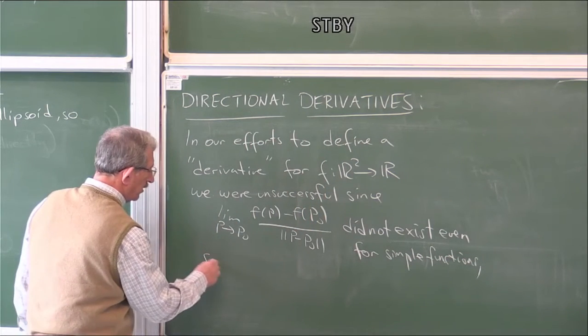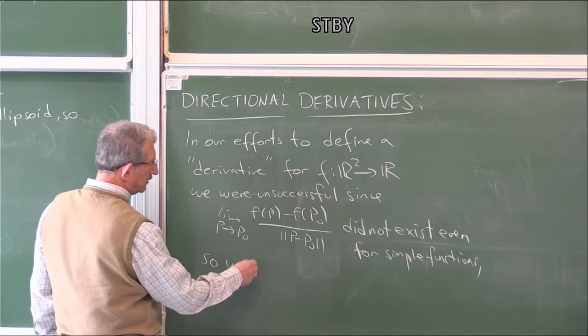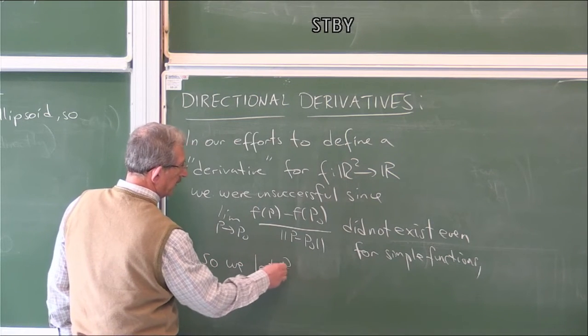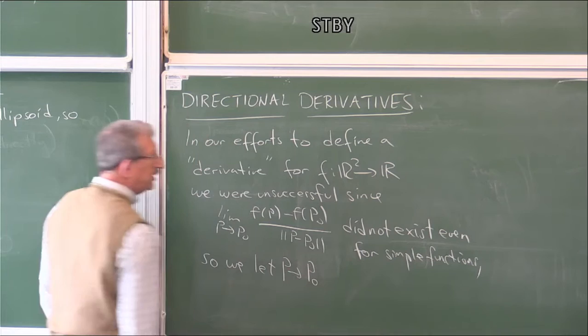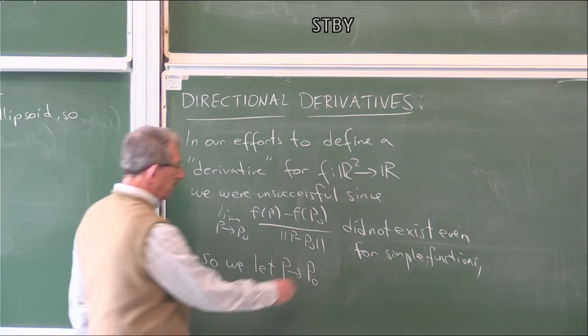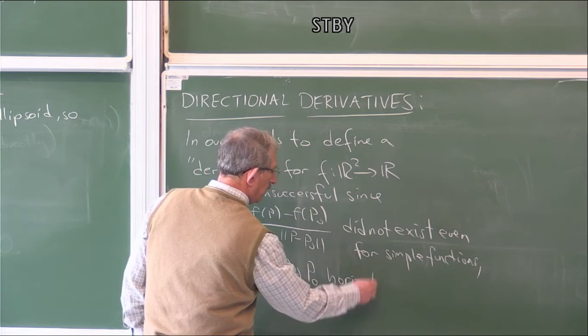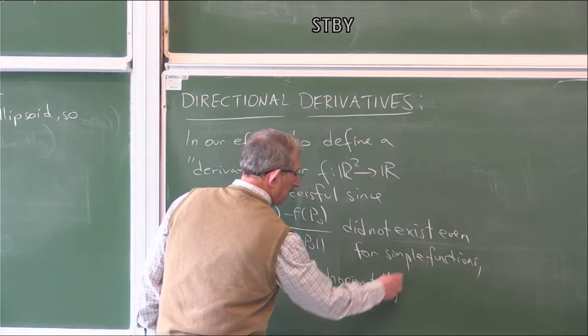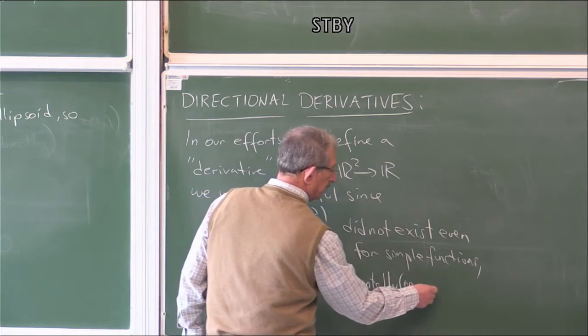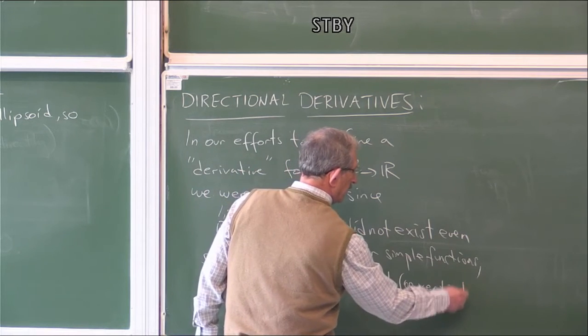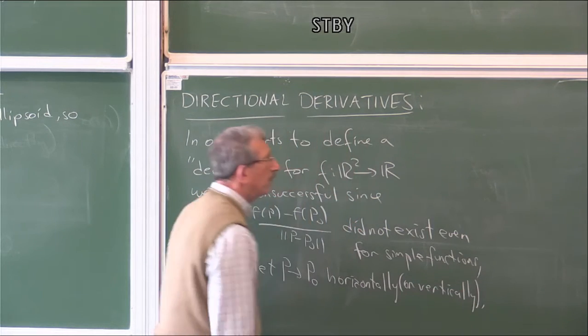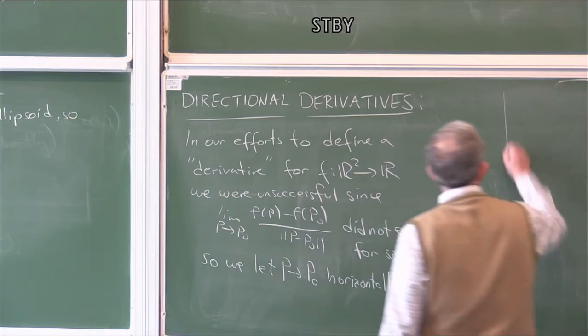So we decided p should go to p0 horizontally or vertically. That means we did the following.